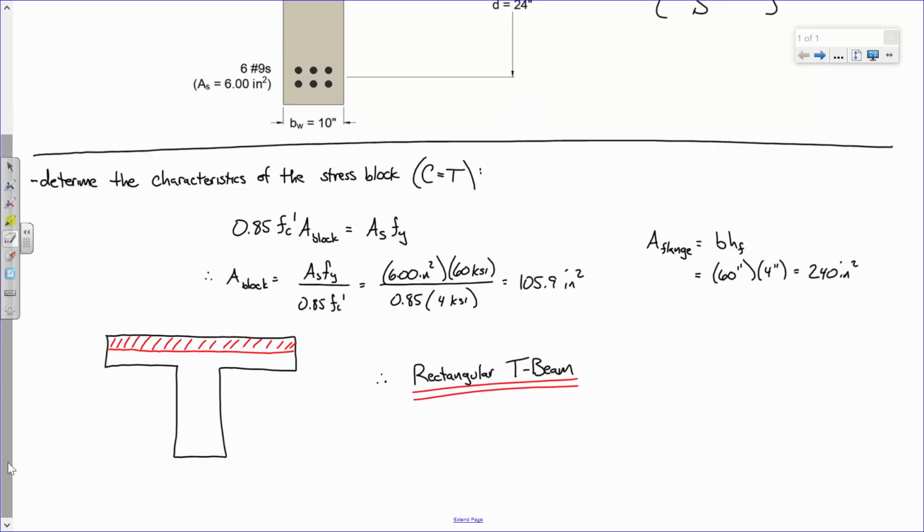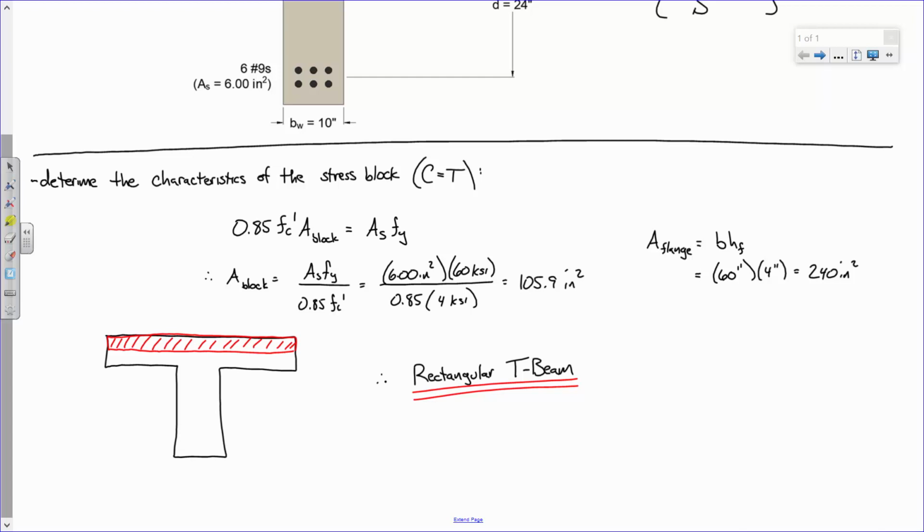Say it again: because the area of the stress block is smaller than the area of the flange, we can fit the entirety of the stress block inside the flange, and because the stress block is a big rectangle, the T-beam is a rectangular T-beam. Yes?